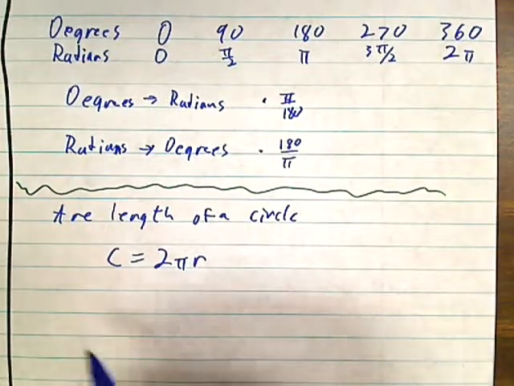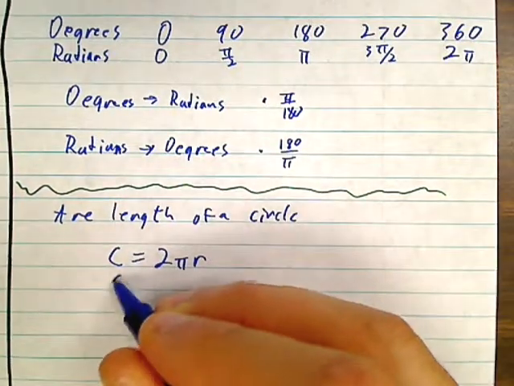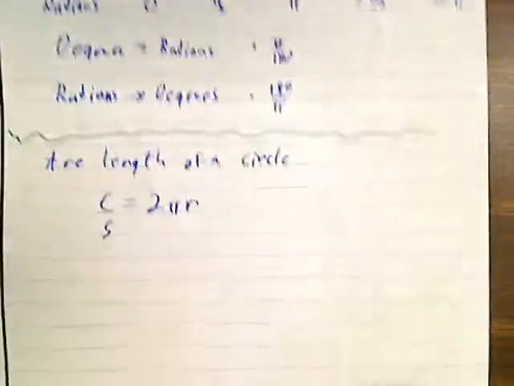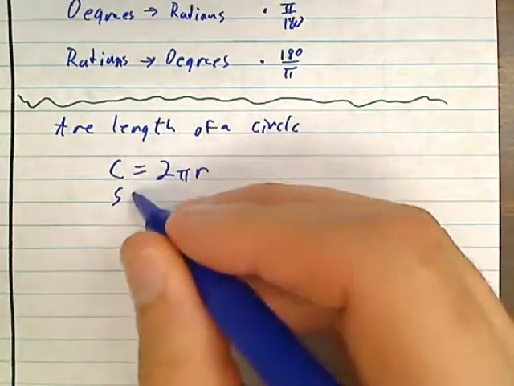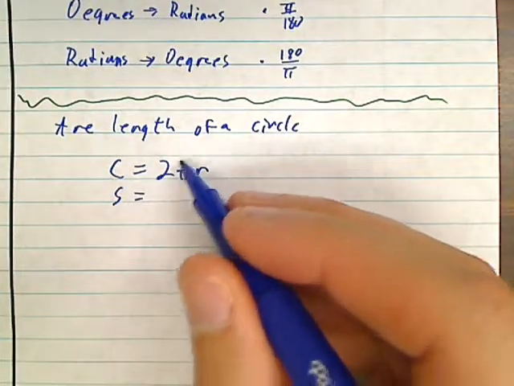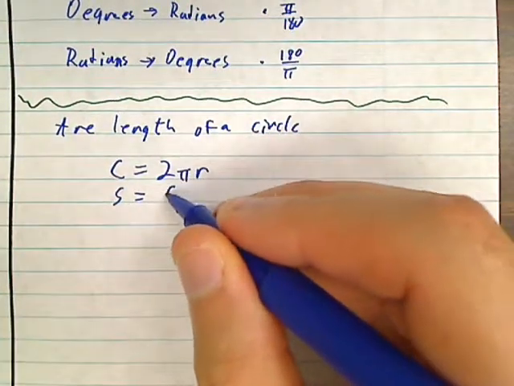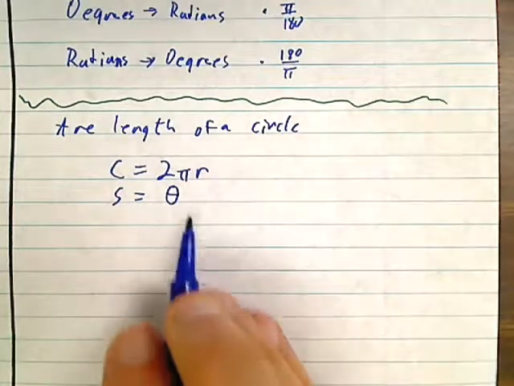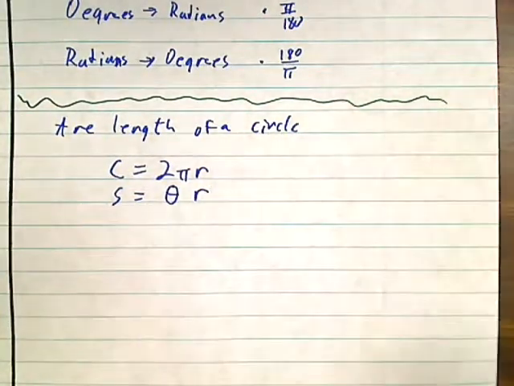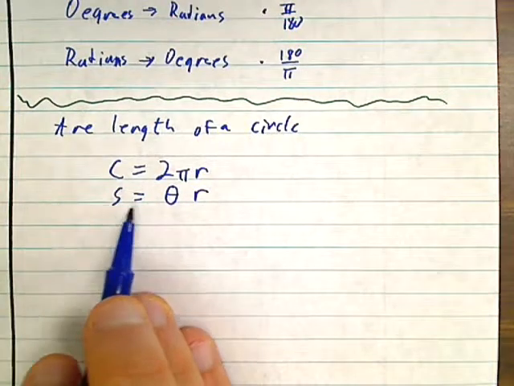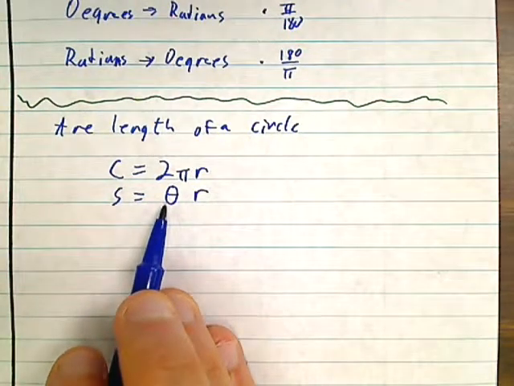The arc length, which for some reason they use S, and I don't know why, but I'm going to go with it, is just whatever the angle in radians is. I'm going to use theta for that, the Greek letter theta, times r. So the arc length is just the measure in radians times r.